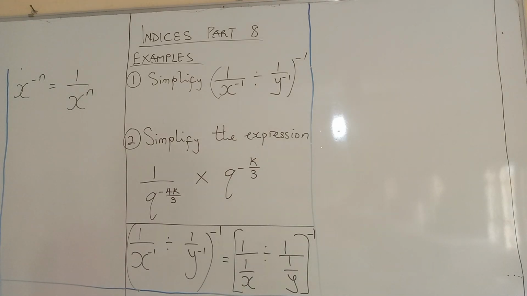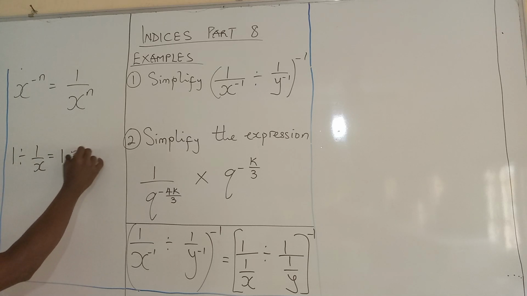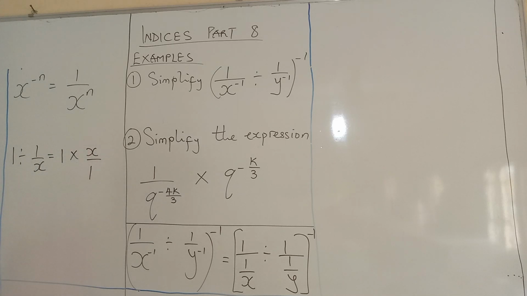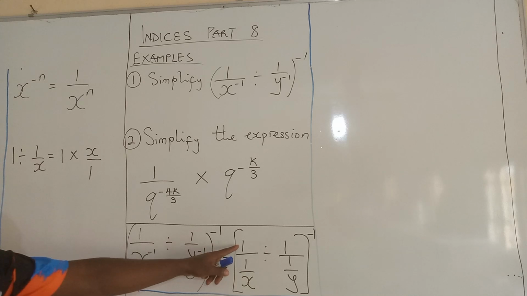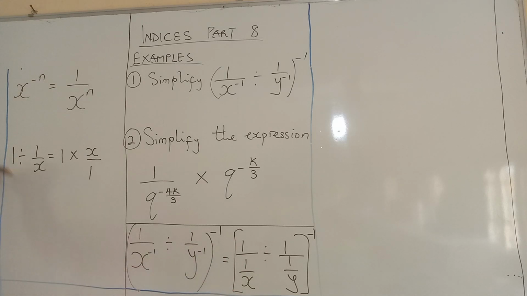Of course, this expression is the same thing as 1 divided by 1 over x. So which means that if I change this to multiplication, I'll have 1 times x over 1. That's the meaning of this. 1 divided by 1 over x.